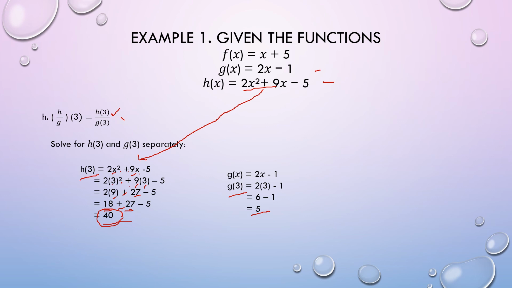Since h at 3 is 40 and g of 3 is equal to 5, we just divide them. So we have 40 divided by 5, we got 8. Do you have any question on that? Any question?